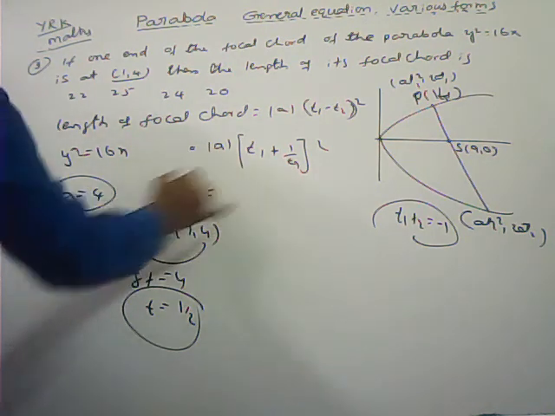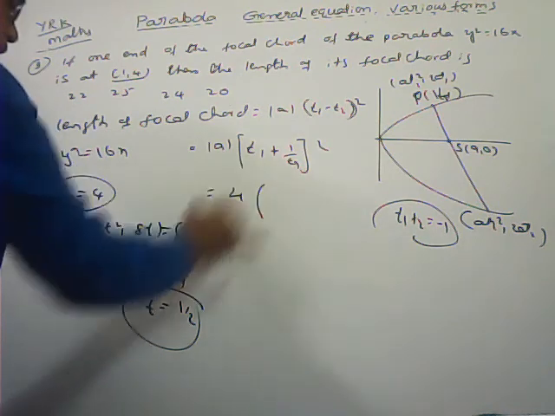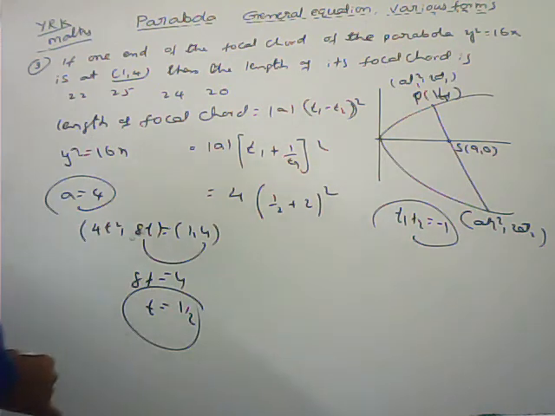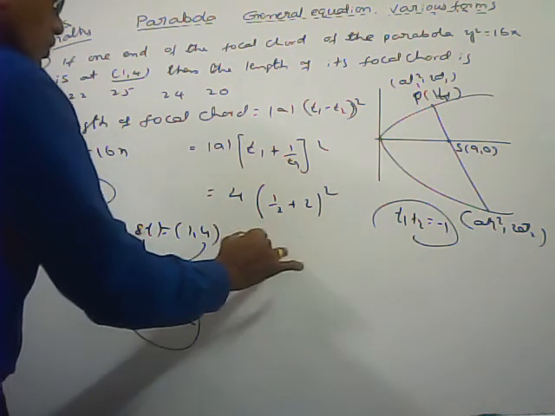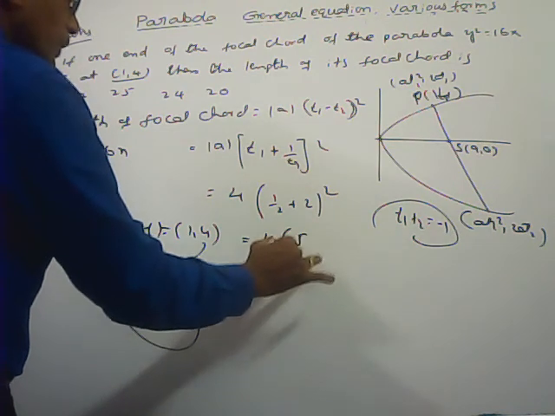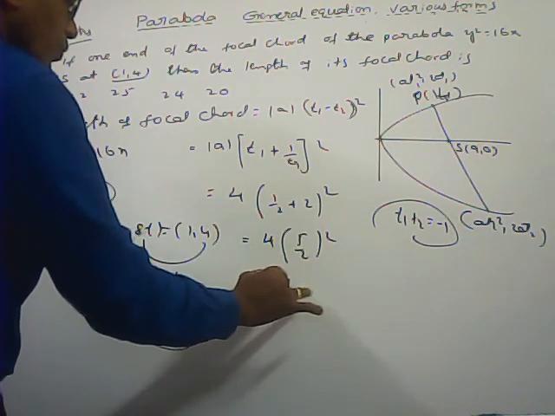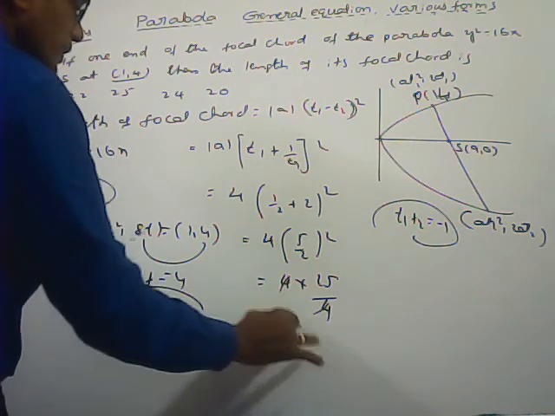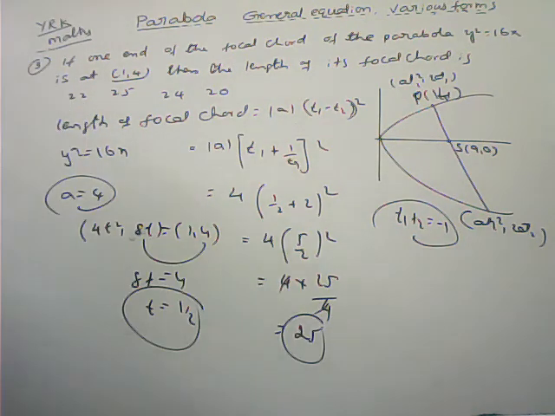Here a is 4 and t is 1/2, so the length is 4 into (1/2 plus 2) whole square, that is 4 into (5/2) whole square, 4 into 25 by 4. The 4 gets cancelled, 25 units, that is the length of the focal chord.